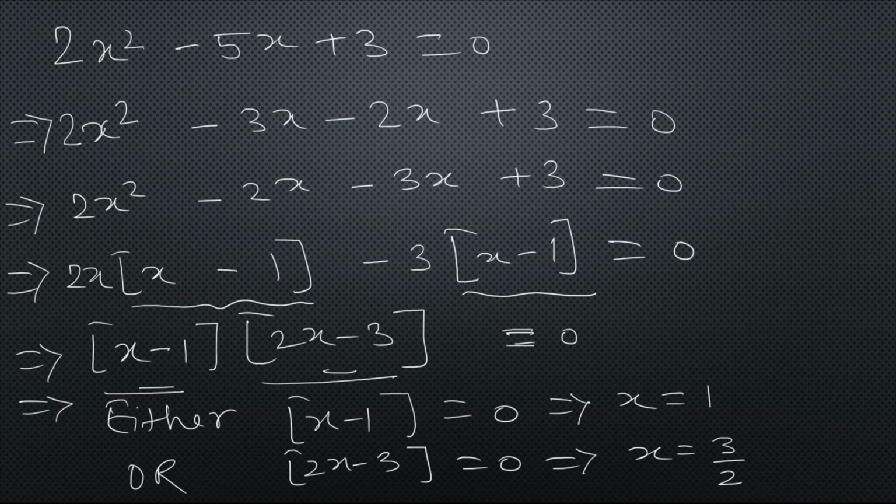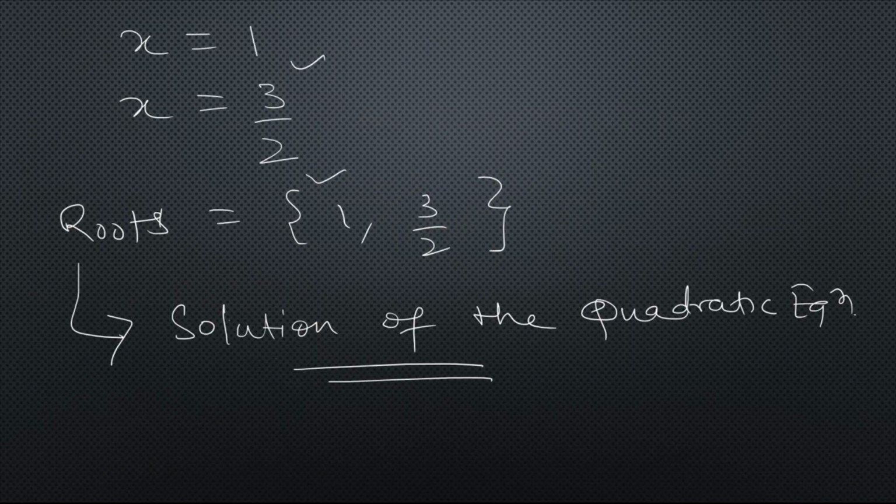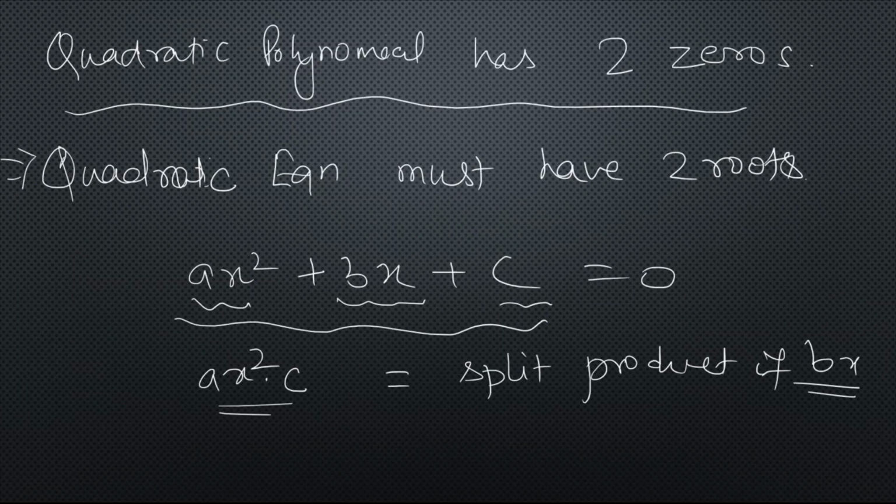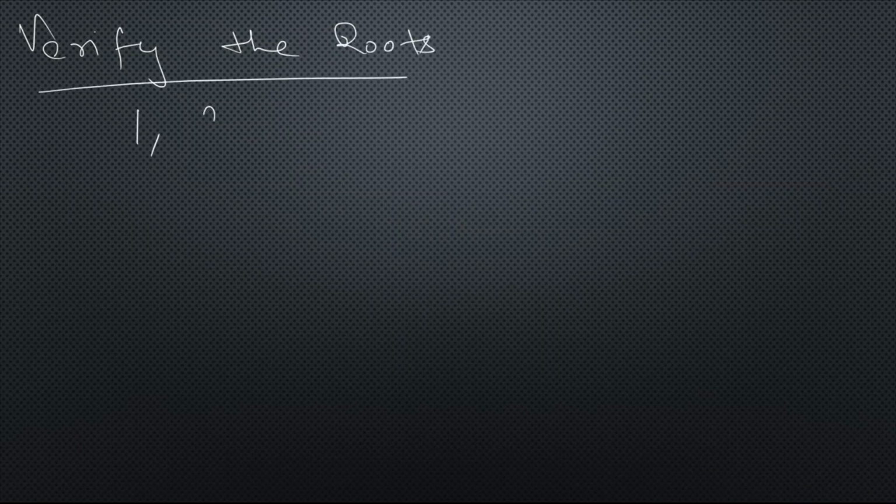If you want to verify 2x square minus 5x plus 3 is equal to 0, like earlier we did, we will verify the roots. So roots are 1 comma 3 by 2, and the quadratic equation is 2x square minus 5x plus 3 is equal to 0.